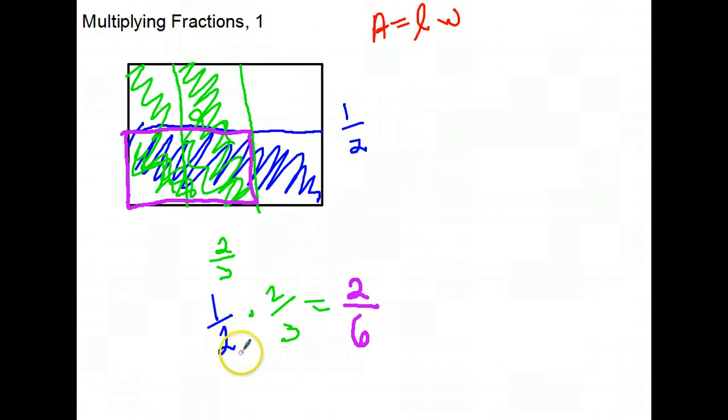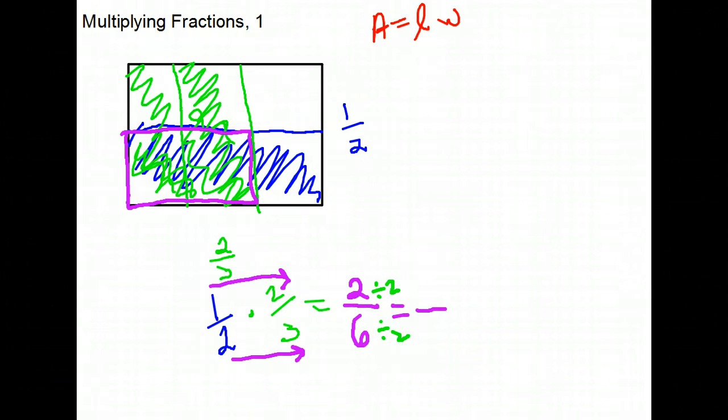So it's much like the same thing as multiplying straight across. 2 times 3 is 6. 1 times 2 is 2. If you're savvy, you would notice that 2/6 has an equivalent fraction. I can reduce 2/6 further. I can divide by a factor of 1. Let's say divide by 2, because both of these numbers are divisible by 2.